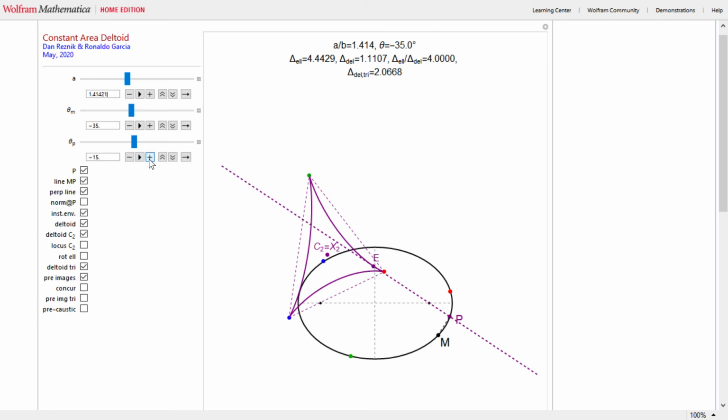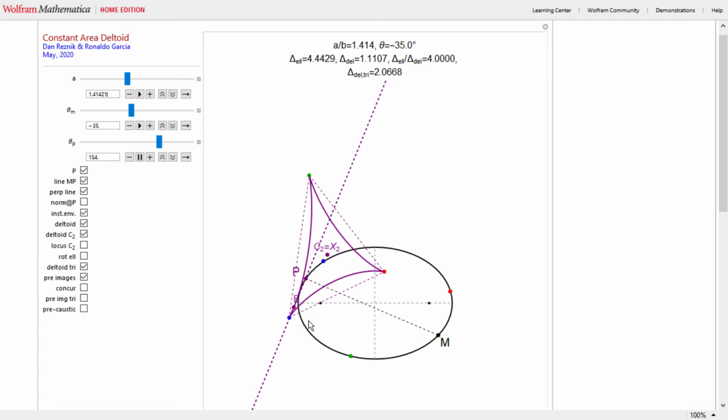So if I move P around just so that it reaches that preimage on the boundary right here, at this point, my instantaneous envelope is right at that cusp. So whenever P crosses one of these 3 points, red, green, or blue, my instantaneous envelope is going to be at one of the cusps. Let's watch that. So here's P approaching the blue, and E is approaching this blue cusp. It just touches there.